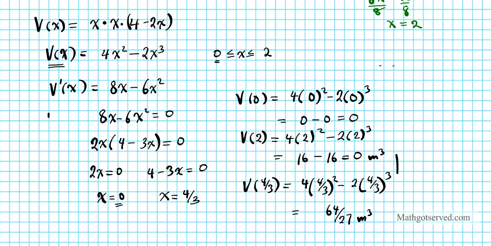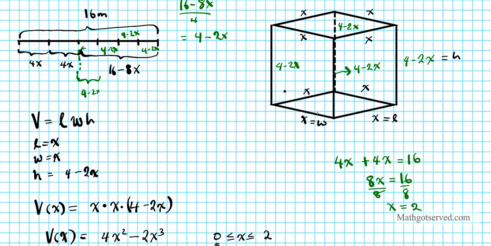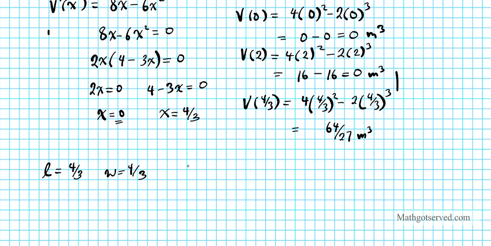All right, so we basically know what the dimensions of the base are, right? We know that L is going to be 4/3 and the width is going to be 4/3, right? Because we indicated earlier that the base is a square and L and W are both x's, okay? But we need to find h. What on earth is h? H, we found out earlier, was 4 minus 2x in its reduced form, right?